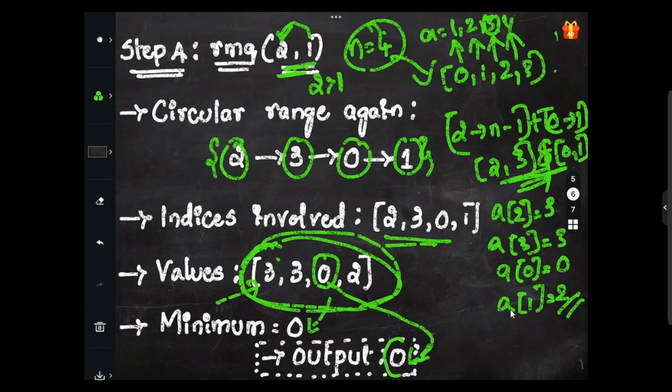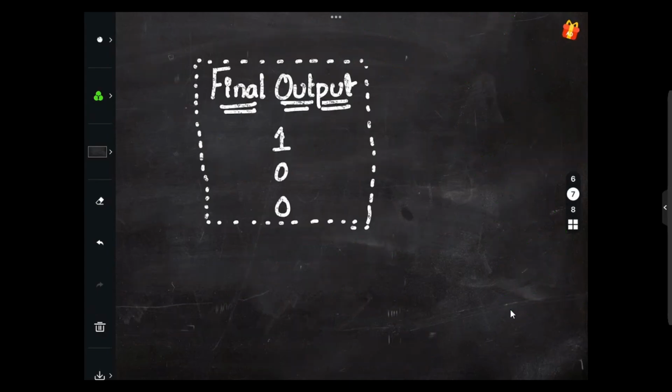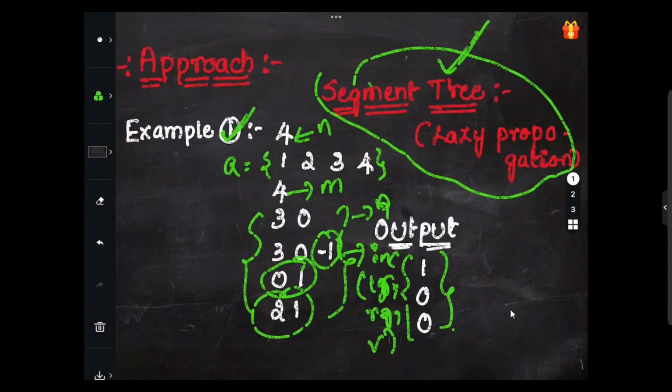So the output that we got here is 1 0 0, which is equivalent to the output that they have shown for example one within the question, right?